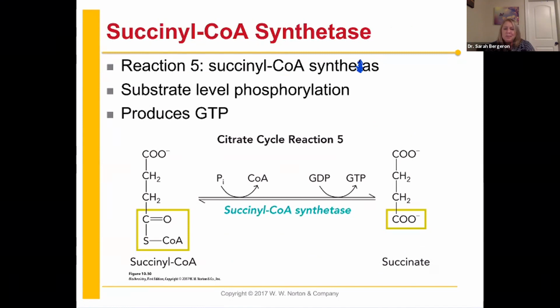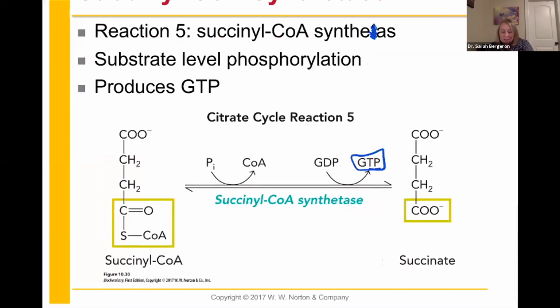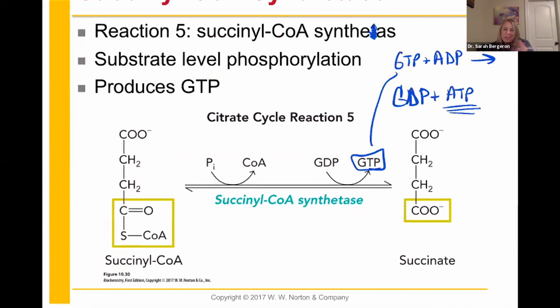Now, whenever we make GTP, what's actually going to happen in the cell is that this GTP is going to react with ADP, right? And this catalyzes a reaction to GDP plus ATP, right? Because ATP is really the energy currency of the cell, right?